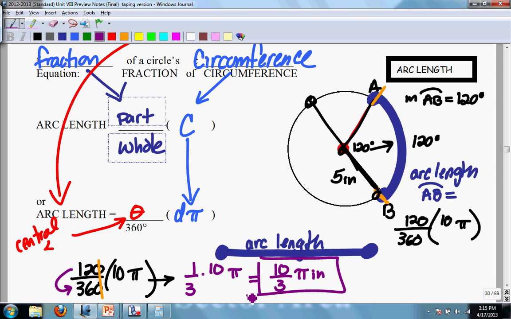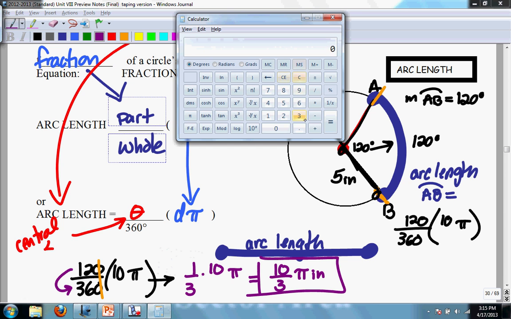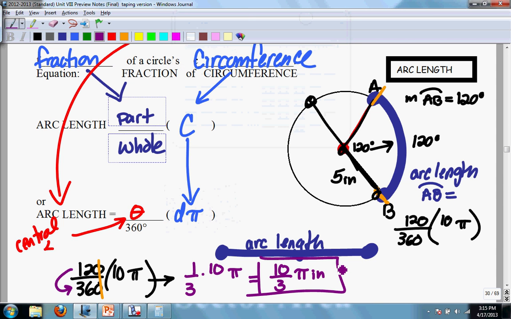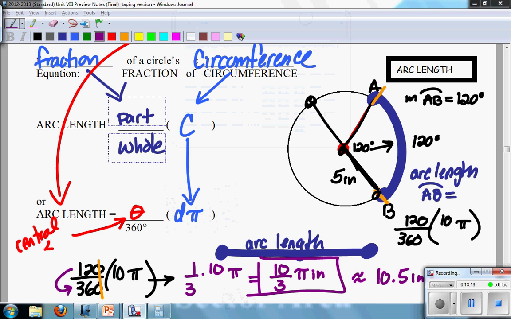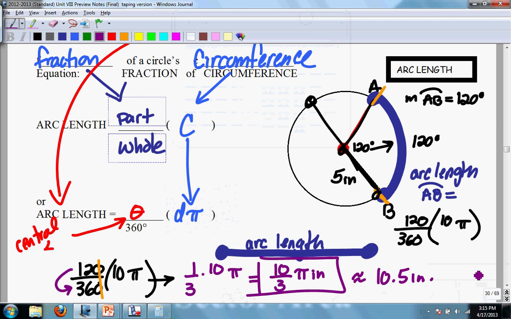That would be the length of the arc. Or if you need the decimal version, we do 10 divided by 3 times pi, and that length is approximately 10.5 inches. So that is arc length.